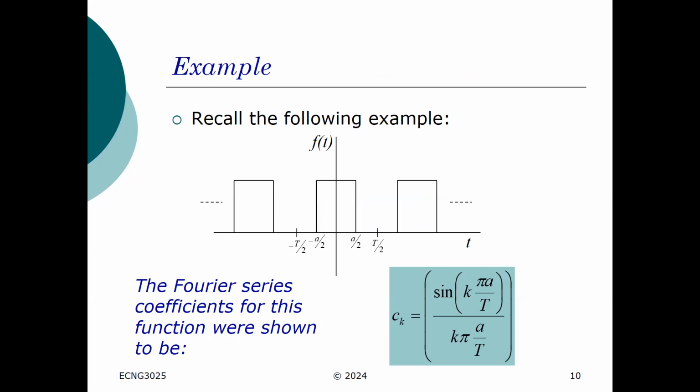All right. And when we did that, we looked at an example where we had a pulse with a period of T and a width of A. If you did the calculation, you got that the complex Fourier series coefficients look like a sin(k pi A over T) over (k pi A over T), which we saw was something called a sinc function.